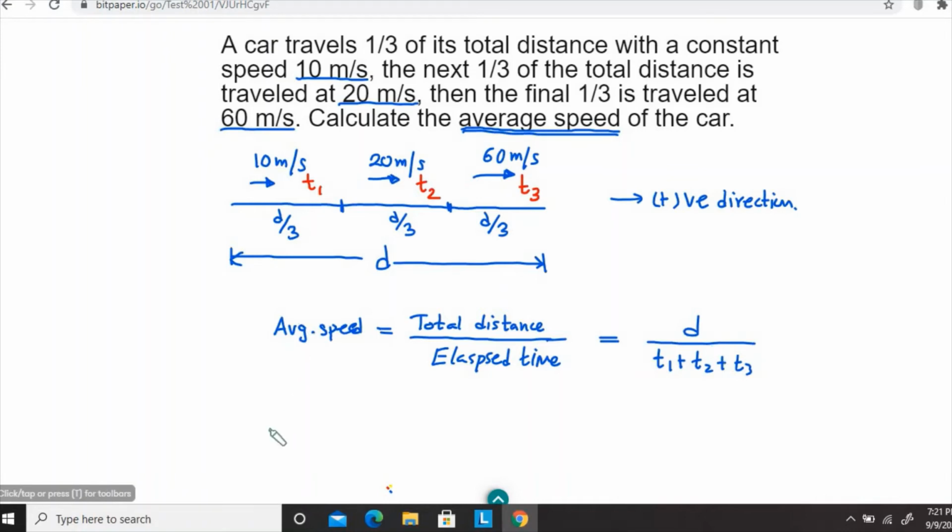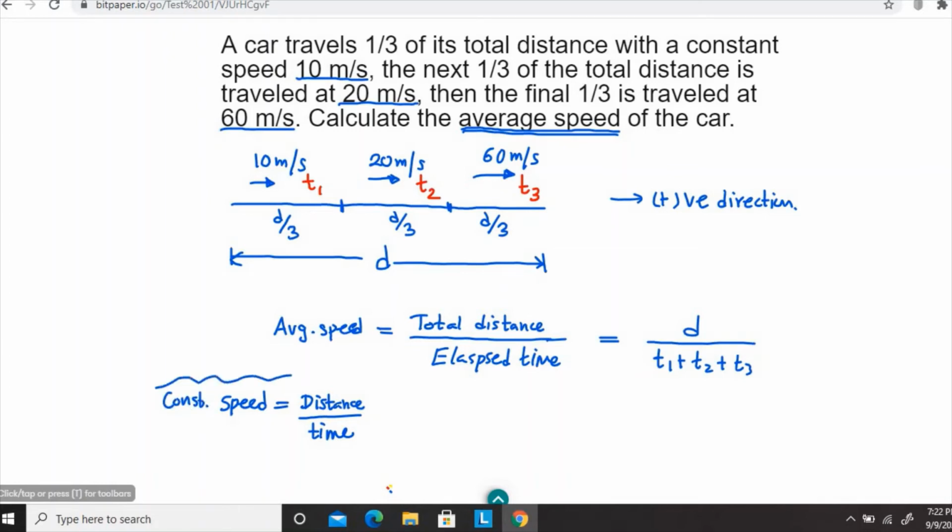That's relatively easy, because we know speed is equal to distance over time, and here it's constant speed.